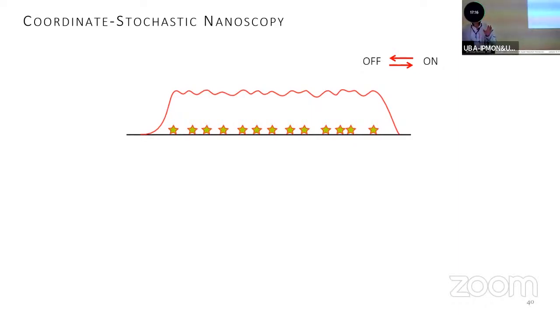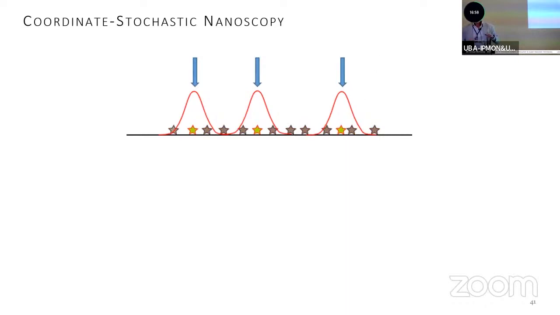But if we have that, if molecules can switch on and off randomly, we can tune the parameters to get into a regime where most of the molecules are switched off and just some of them are switched on. And those molecules are well separated in space, something like this. Most of them are switched off, and in this case, only these 3 are switched on.